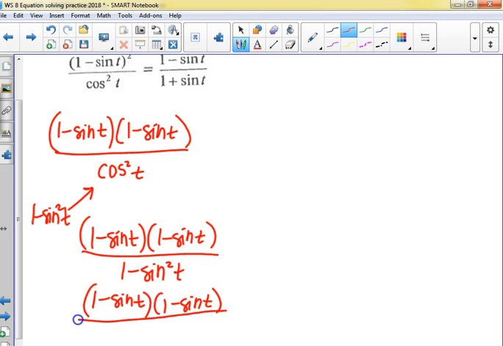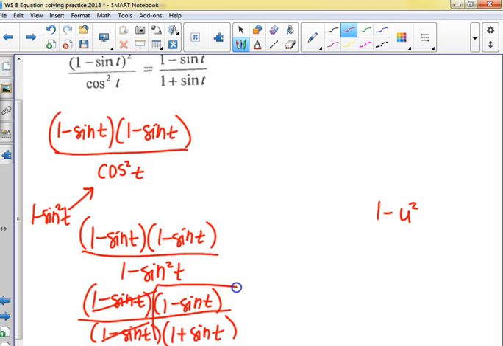The bottom factors how? It's like a 1 minus u squared, right? Which would be 1 minus u, 1 plus u. So it's 1 minus sine and 1 plus sine. And now one of those would cancel and we'd get the right-hand side. What if you hadn't noticed that?